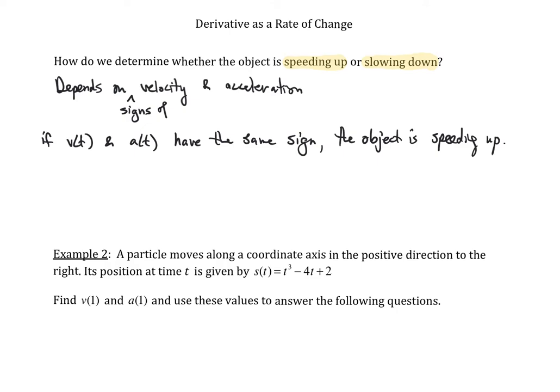If the velocity and acceleration have different signs, the object is slowing down.